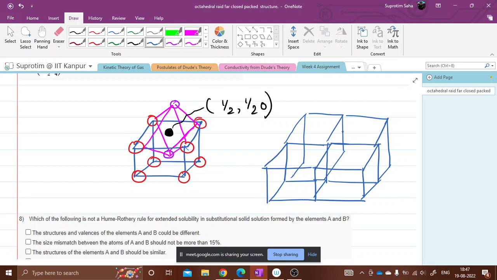So what you can think of is, if you are taking the atoms that sit at the body centers, sorry, let me draw with a different color. So I'm just drawing only the atoms that sit at the body center.